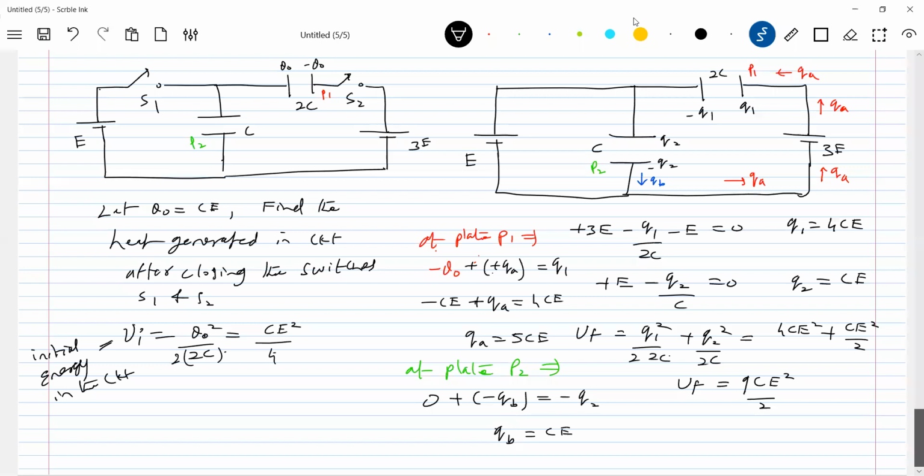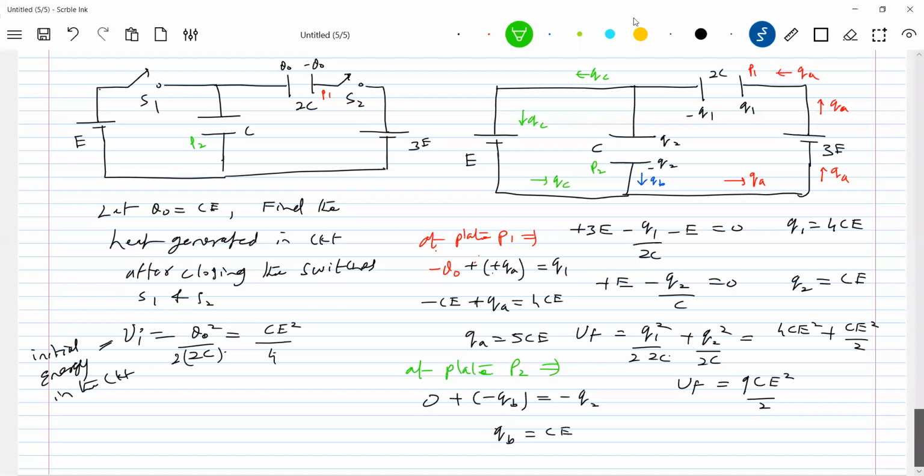So what charge should come from here? I cannot assume Q naught, so I'll write QC, let it be QC. So QC plus QB should be equal to QA, no?